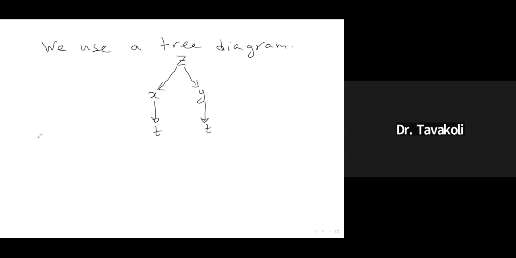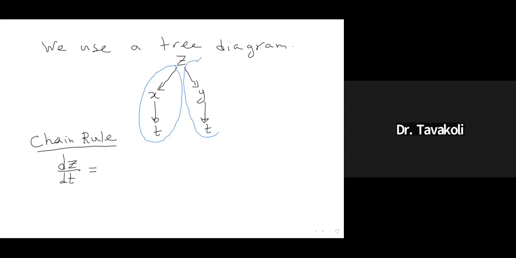So this version of the chain rule says that if I want to find dz over dt, the derivative of z with respect to t, I should find two chains of the derivatives. One chain is here, and one chain is here.